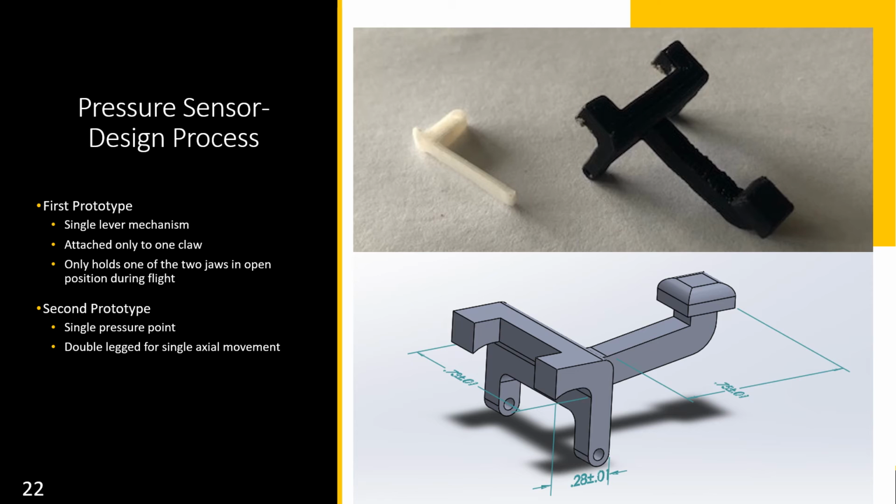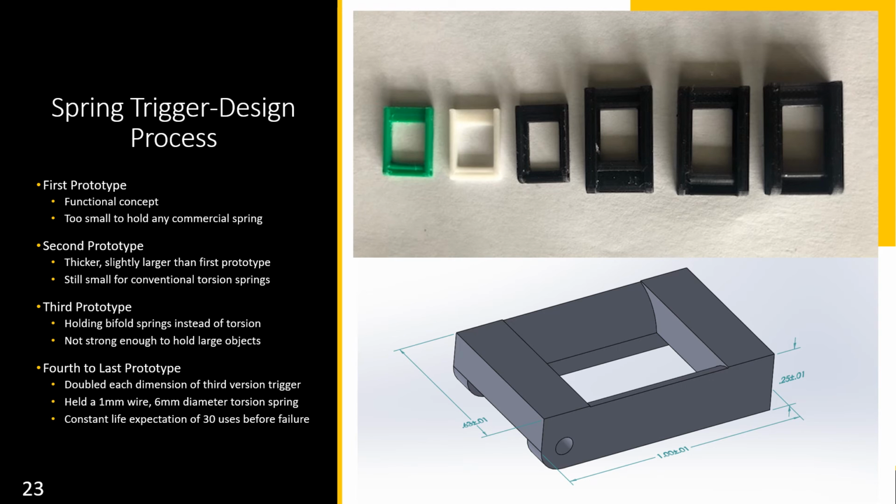Therefore, it can hold a larger pressure than the first prototype. But I think the spring trigger design is the most noticeable change from the first to the last prototype. The first prototype was a functional concept, only made because we wanted to prove that the concept would work.